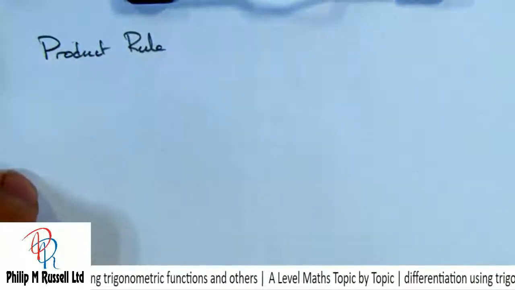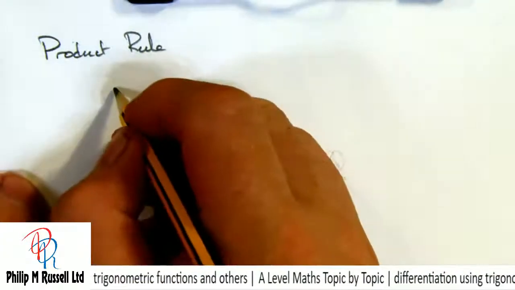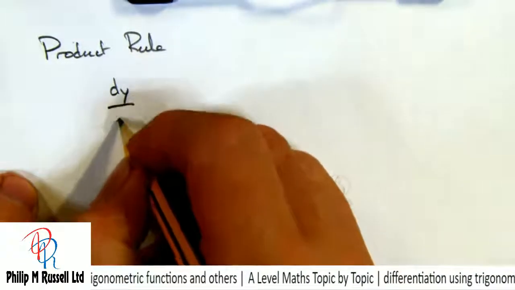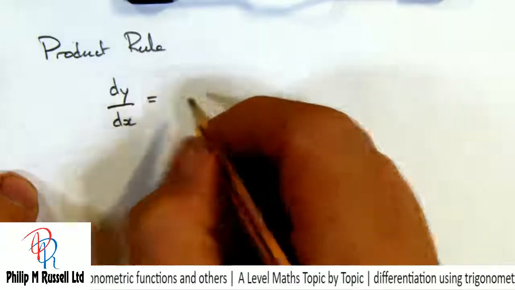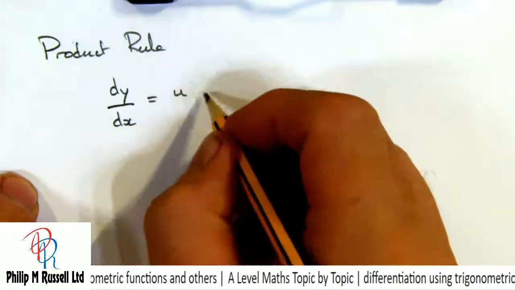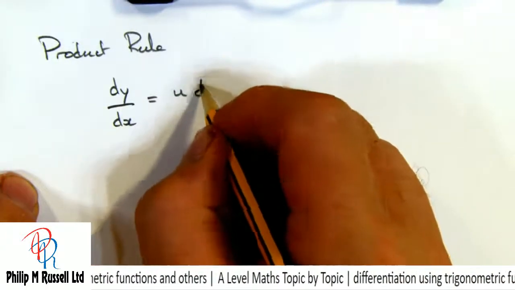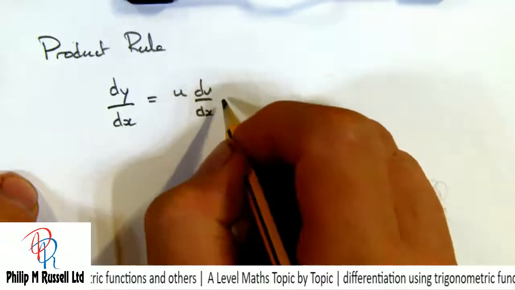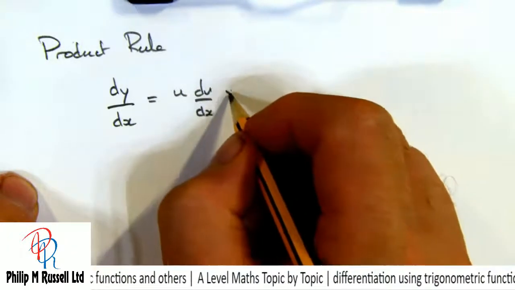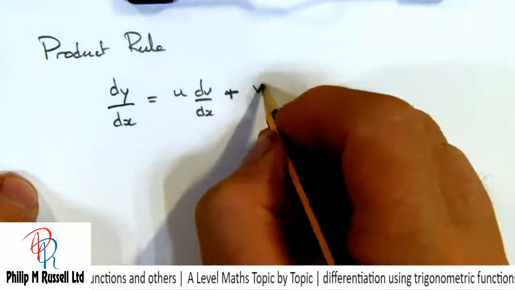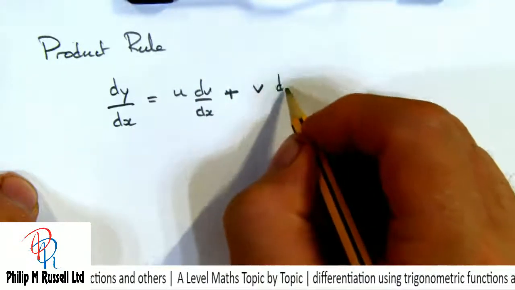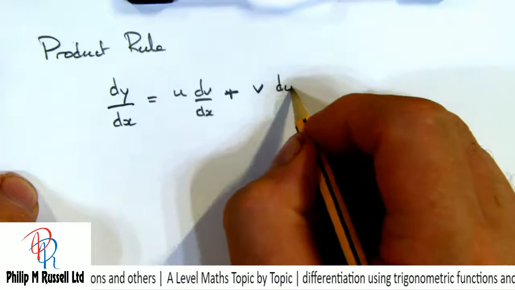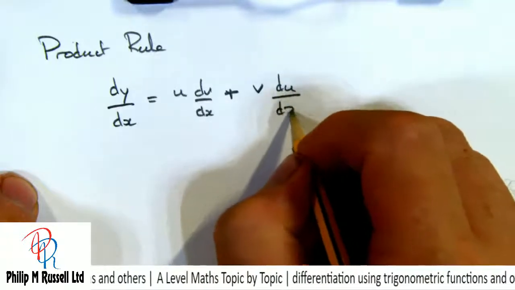Now the product rule says that dy by dx is going to equal u times dv by dx plus v times du by dx.